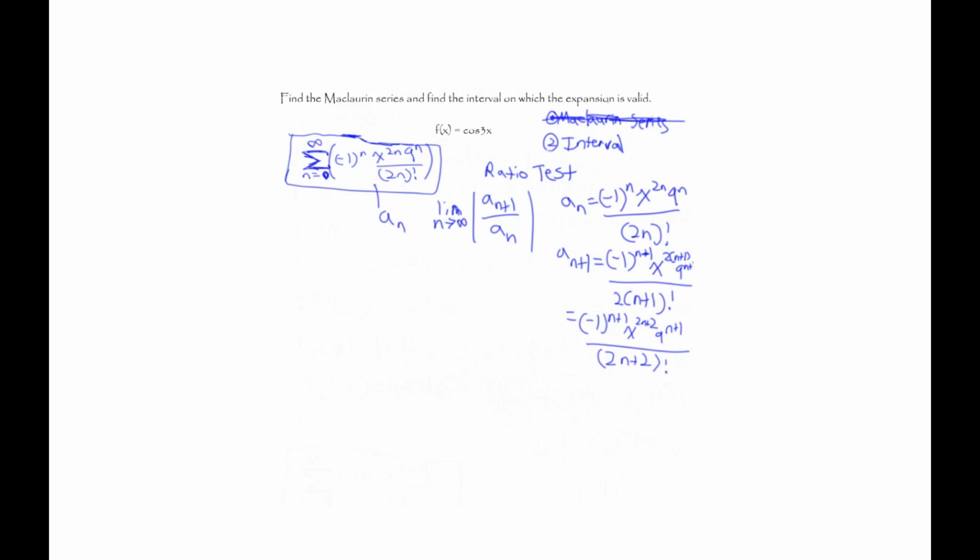Okay, now we just plug our a_(n+1) and our a_n back into this ratio test equation. Well, first, what I would like to do is teach you another shortcut to make your lives a lot easier. When we do ratio tests, what I like to do is break these things back into their individual components, so that it's a lot easier to handle the multiplication between the two fractions that'll happen.